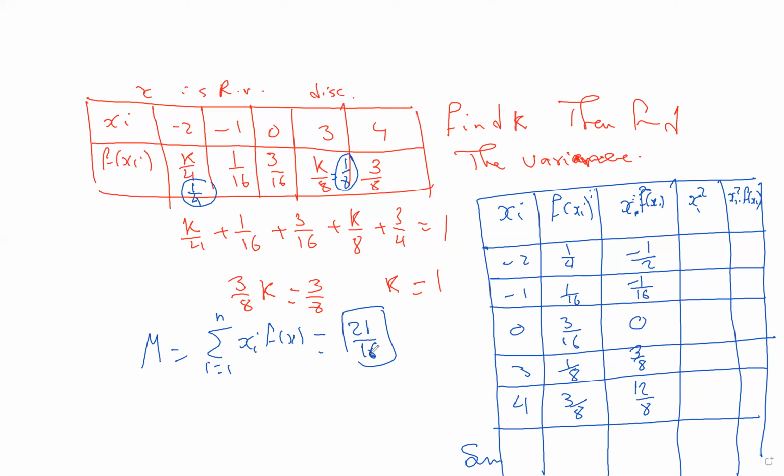We need the variance, so we have to find xi squared, okay, which is 4 and 1, 0, 9, and 16. So f of xi times xi squared will be 1, and this one will be 1 over 16, it will be 0, it will be 9 over 8, 3 times 16 is 48 divided by 8, which is 6, and find the sum of them by using a calculator.